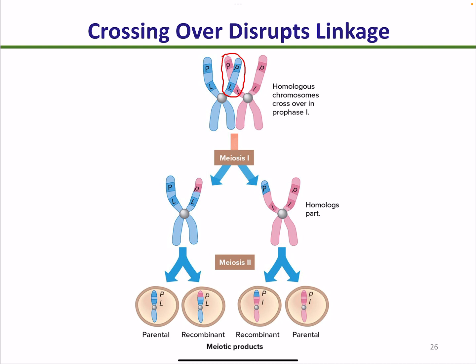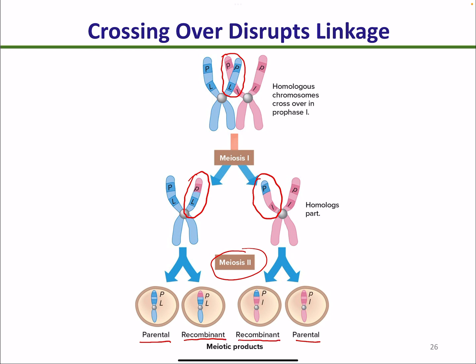When the exchange is effective, we have a recombinant leg here and a recombinant leg here. At the end of meiosis 2, we have a parental gamete here, another parental gamete here, but a recombinant gamete here and another recombinant gamete here.